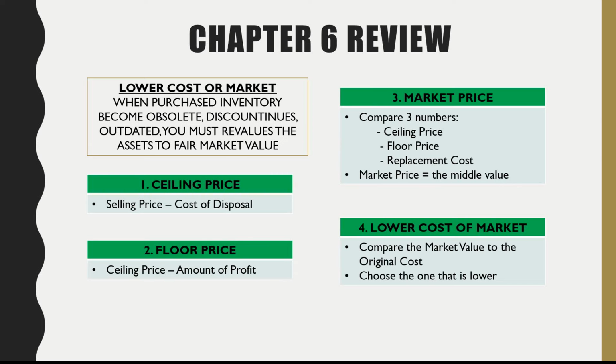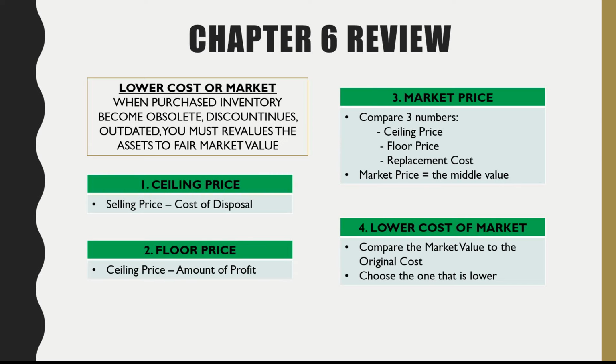Okay, such as the original price, the replacement, the selling price, the cost of disposal, and the amount of profit, right? All of those are going to be given to you. The only thing that you have to do is figure out how you could take all of those numbers and calculate the ceiling, the floor, and then determine the market and the lower cost of market.